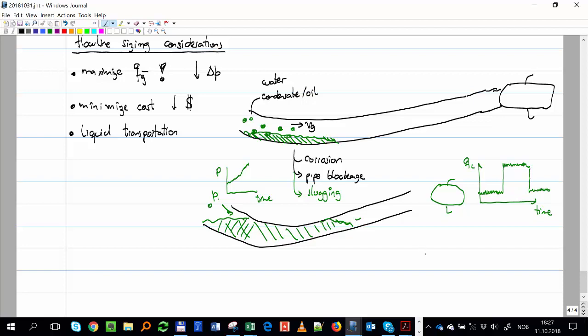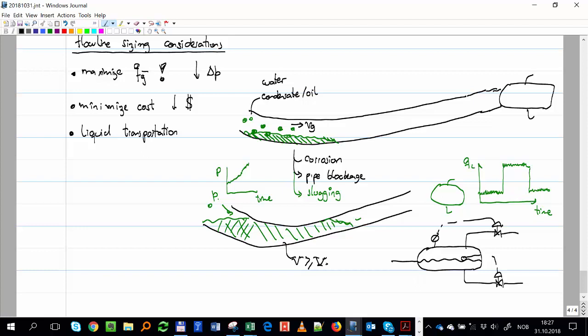It's a problem because if you remember, we had our separator, and the way we control that separator is basically with these two valves. We have the valve on the liquid and the valve on the gas, and we have this level controller and this controller. Now, sometimes that liquid can be so huge, the volume of that liquid can be even much bigger than the volume of the separator.